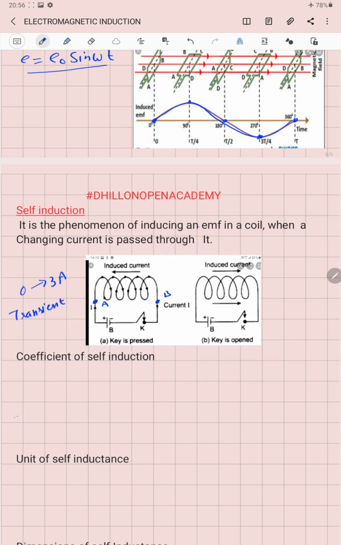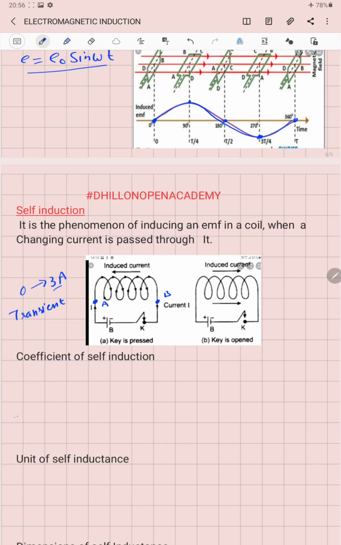So in order to oppose this current from the battery running in the clockwise direction, the EMF will set up its polarity at ends A and B in such a direction that the induced current will flow opposite to the direction of the current supplied by the battery. The current from the battery is running clockwise, so the current induced in the coil will run in the anti-clockwise direction so that it can oppose the increase of the current from the battery.